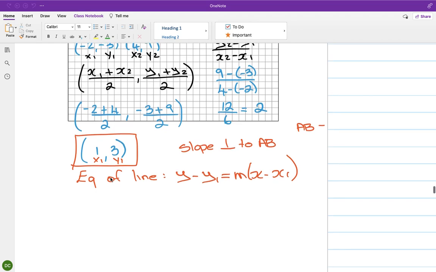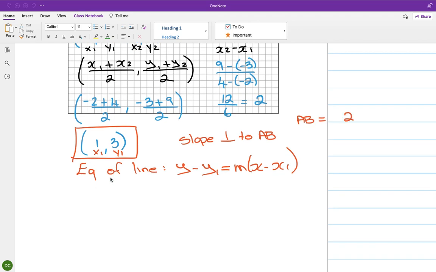So if AB is 2, then to get the perpendicular slope, I make that a fraction. And I flip it. So instead of 2 over 1, it's 1 over 2.